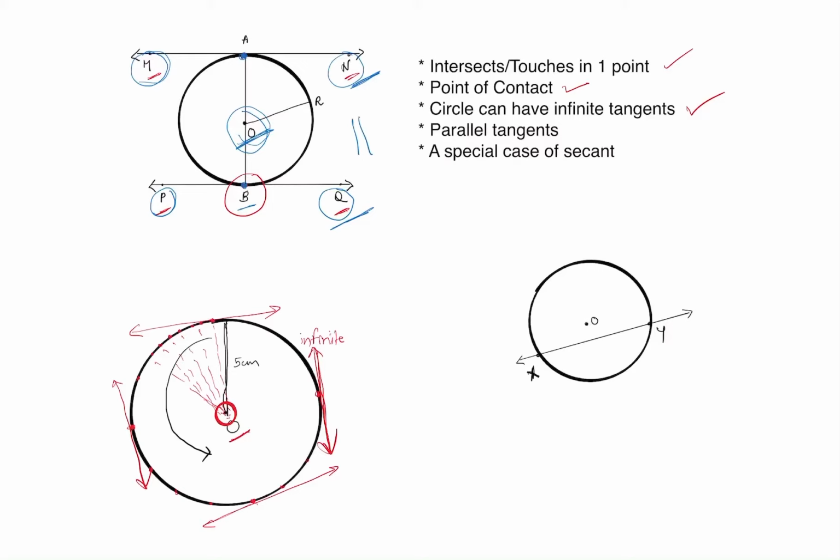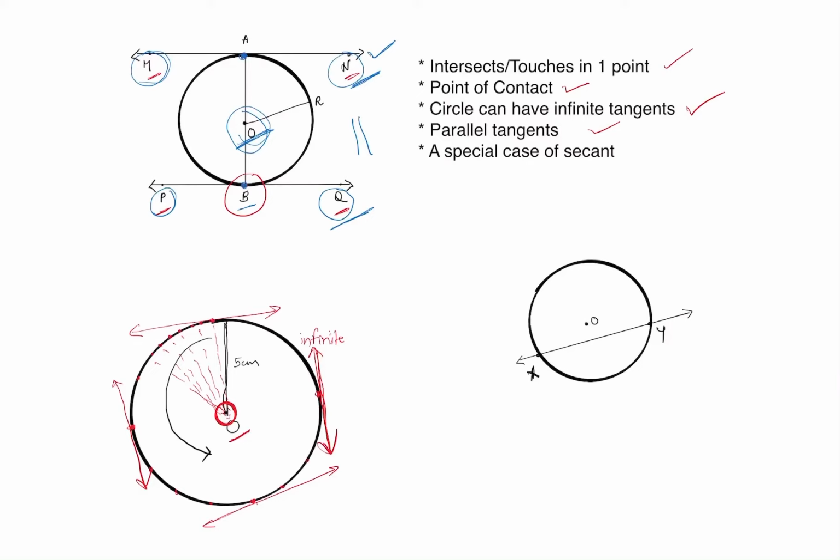So parallel tangents are possible, and basically every tangent will have one single tangent parallel to it. So PQ is parallel to MN, or if MN is our given tangent, we can say that PQ is its parallel tangent. At any given point, a tangent will have another parallel tangent. So two parallel tangents at a time is possible.